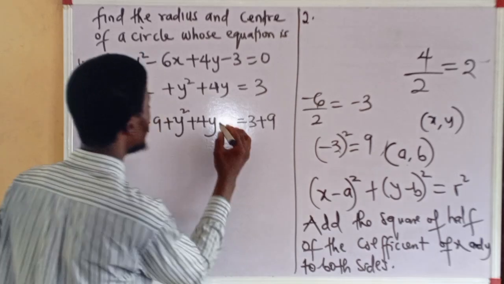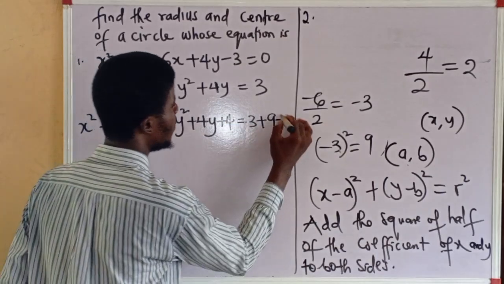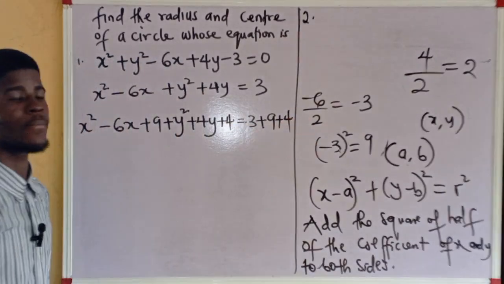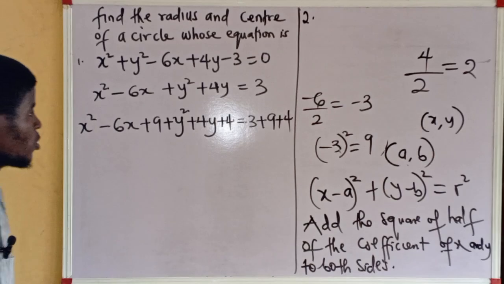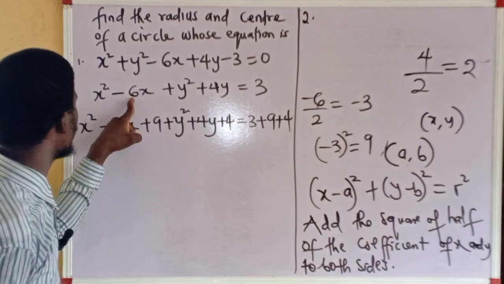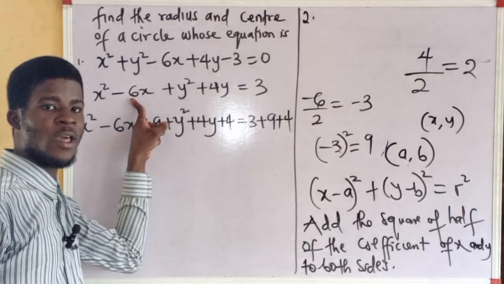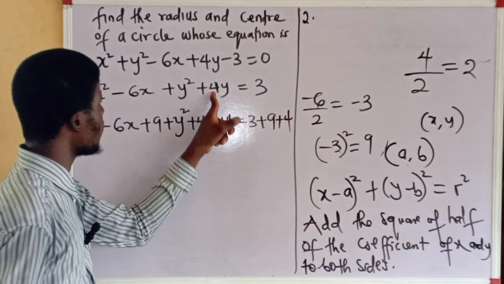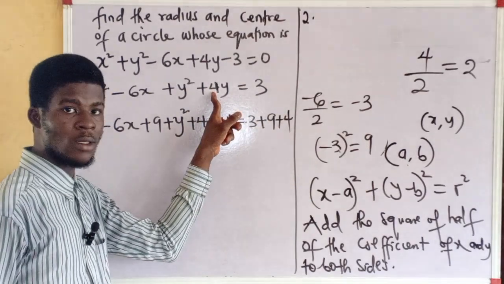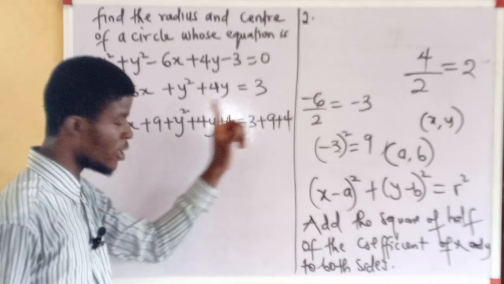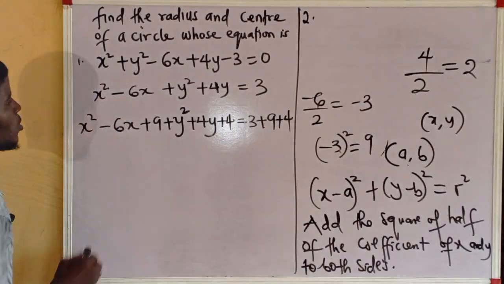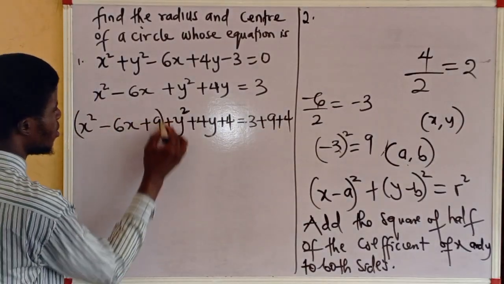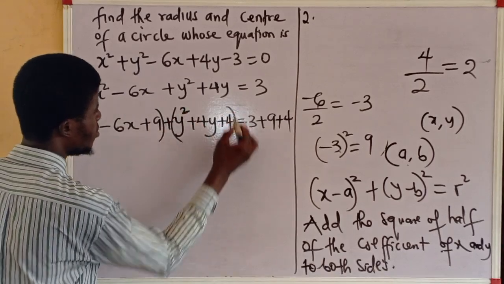So I will add 4 to this side and add 4 to this side. So the square of half of the coefficient of x will be added to the left and the right hand side. The square of half of the coefficient of y will be added to the left and the right hand side also. So I'm going to factorize this, and I'm also going to factorize this.